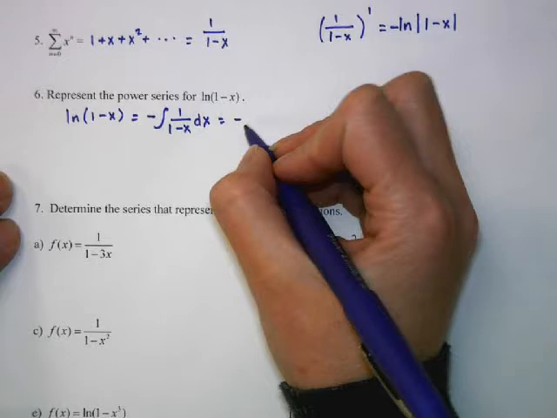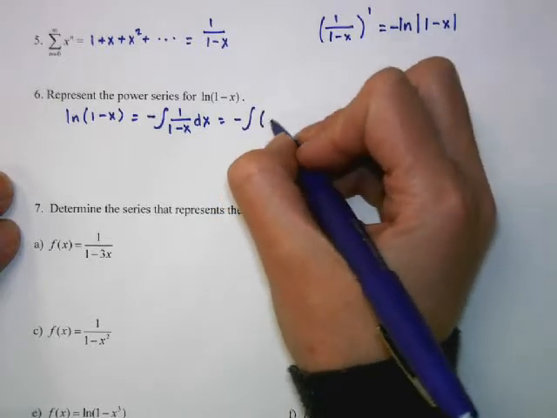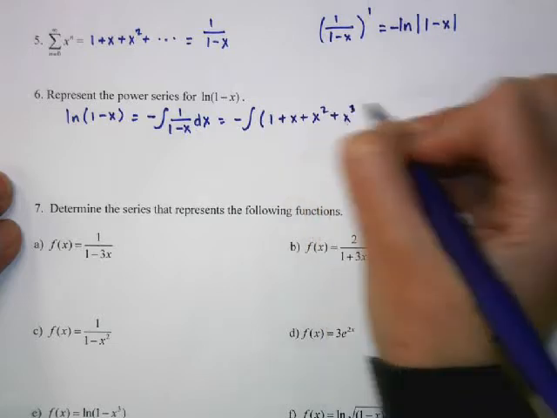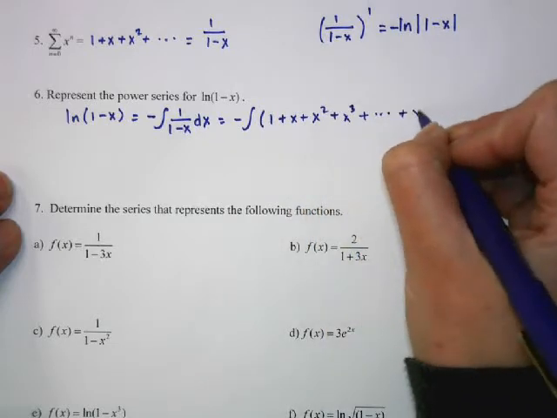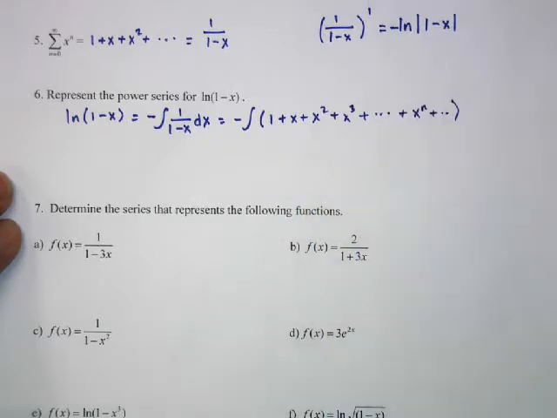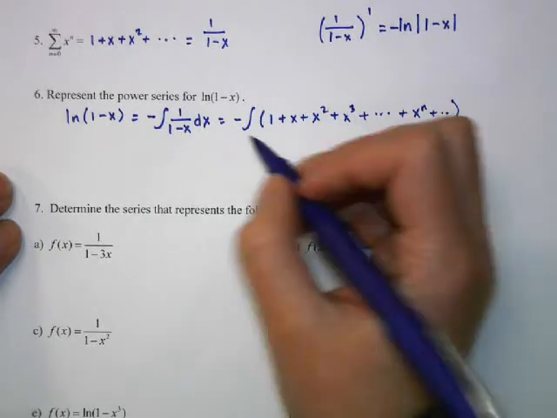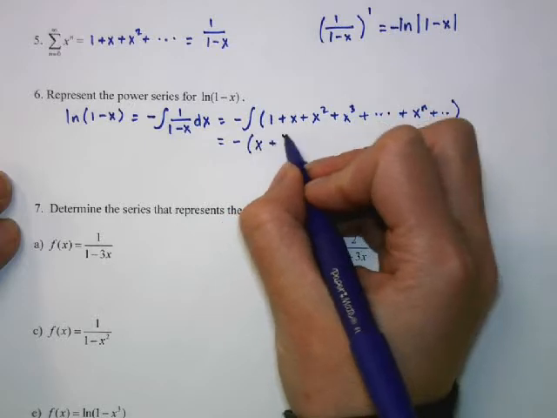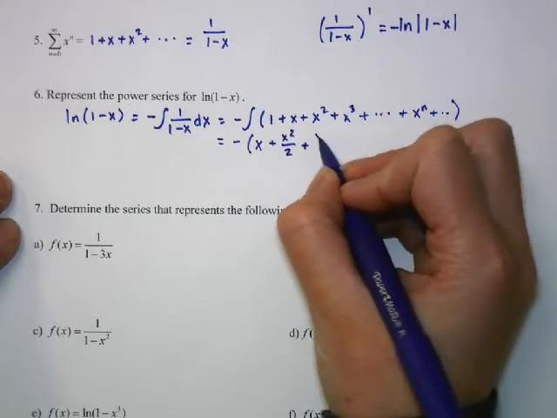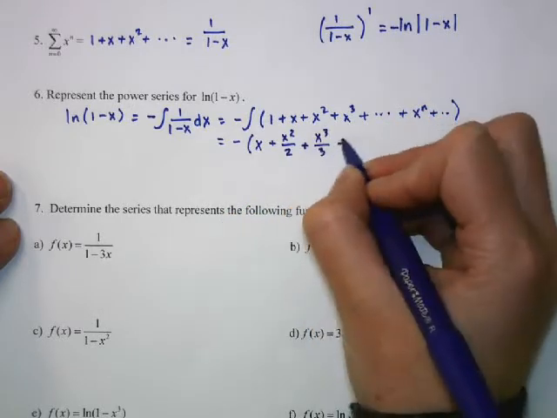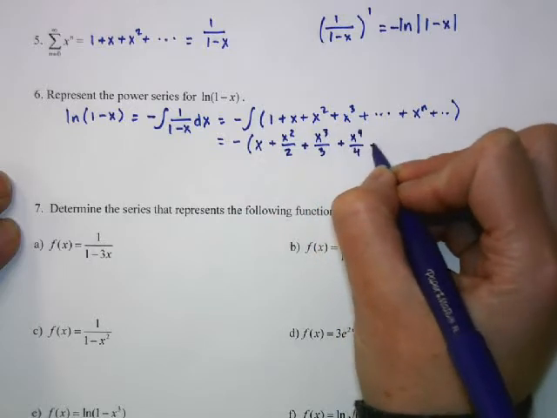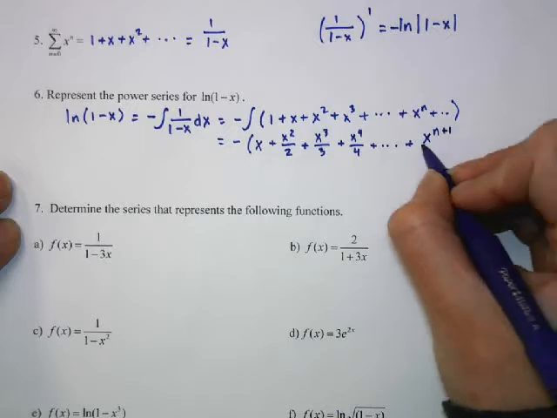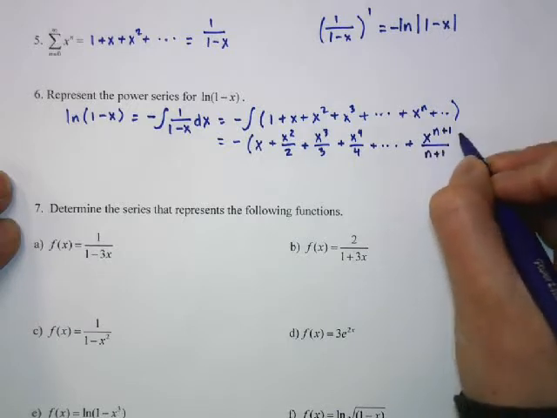So this is going to be negative the integral of 1 plus x squared plus x cubed, okay, on up to x to the n. So then we'll integrate. So x plus x squared over 2 plus x cubed over 3 plus x to the 4 over 4 plus, generically, that's going to be x to the n plus 1 over n plus 1.